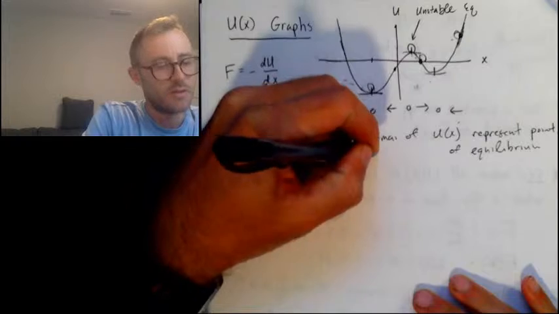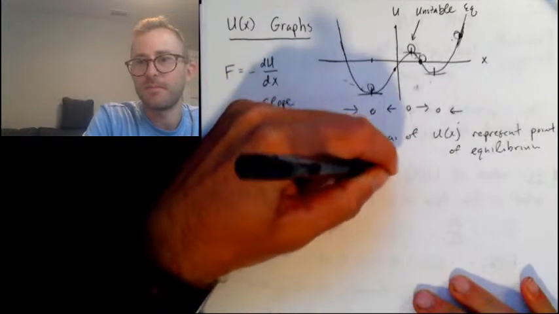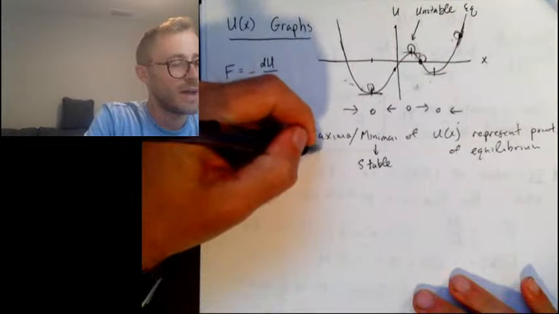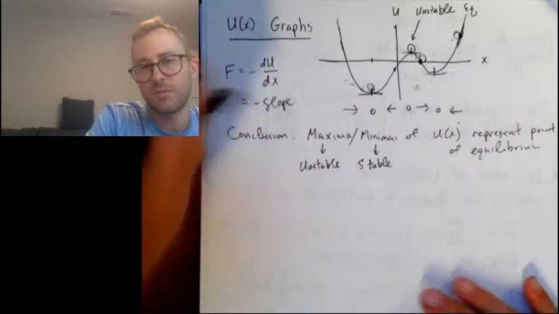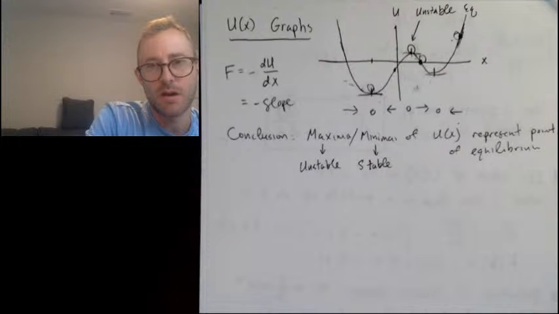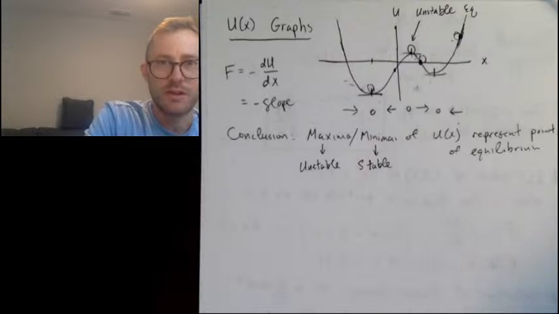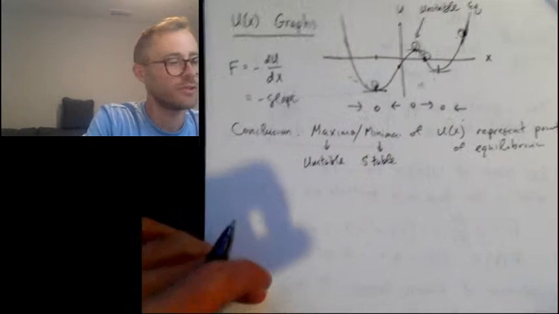The minima are the stable equilibria, and the maxima are the unstable equilibria. Okay? So that's how that works. Now let's see, how does energy come into play? How does conservation of energy come into play?